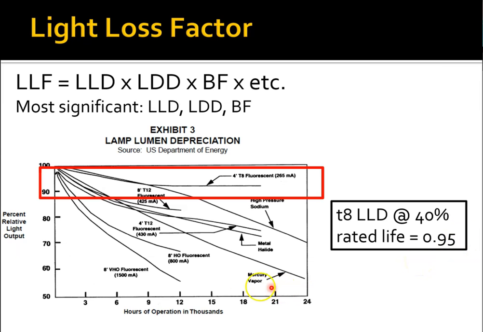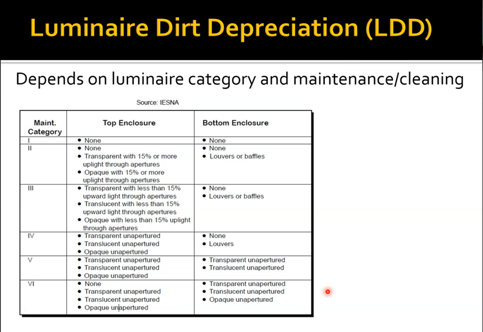So if it's a 10,000 hour rated life, what's the light output going to be after 4,000 hours? This is one of those things where you have a choice, but that's the standard, to use the 40%. Some people use 50%. I've even seen 30%, but we're going to stick to 40, and for ours it's going to be 0.95. All right, so that's LLD.